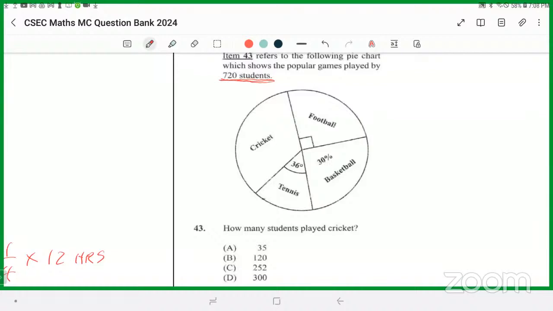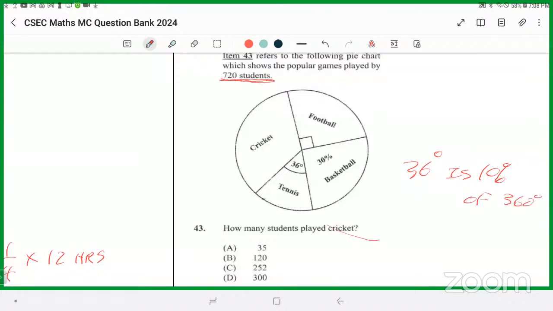Let's say working in percentages. This is already 30%. This 36 degrees represents 10% of 360 degrees.